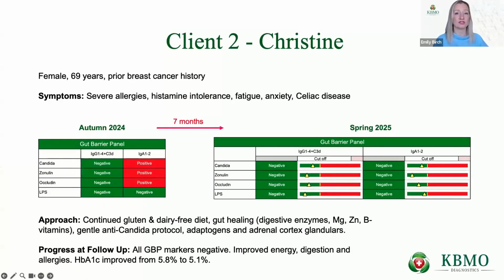And again, we do have questions about this from time to time. Well, my client doesn't seem to be able to tolerate this food group or this type of food, but it's not showing up in their fit report. Well, that's the point at which to go, okay, clearly there's not an inflammatory immune response to that food. However, there is still an intolerance from a digestive perspective.